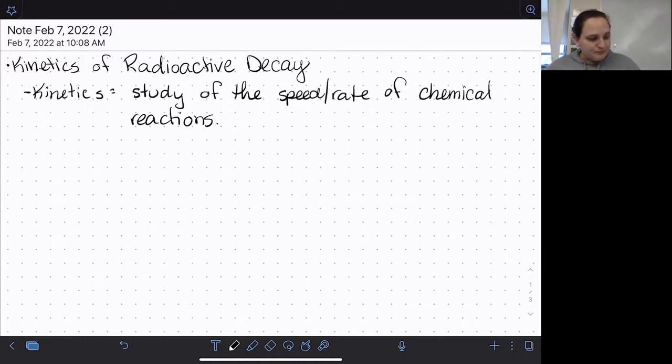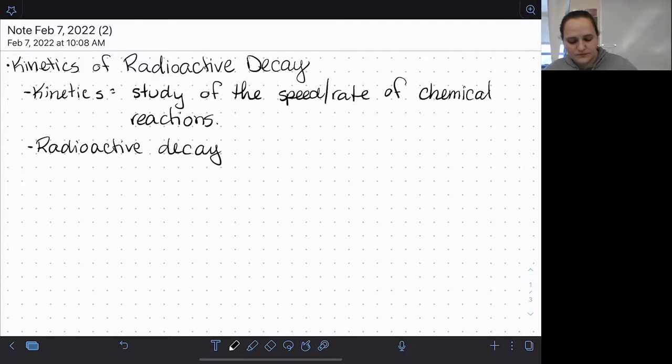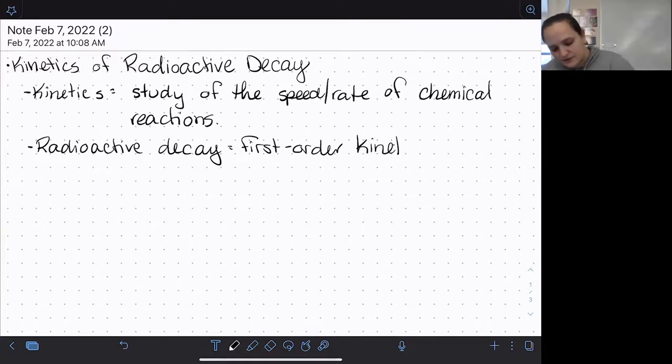So radioactive decay processes follow what's known as first-order kinetics. And what this means, so different types of reactions can have what we call different reaction orders, but all radioactive decay processes are first order.